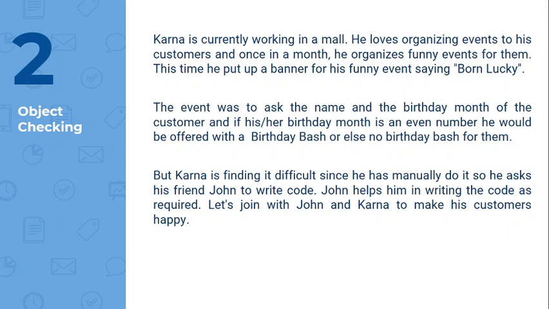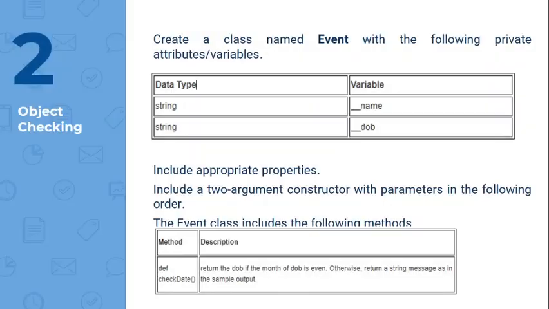So basically what you have to do in this question is read the customer name and the date of birth from the user, and if the month in the date of birth is an even number, then you should print yes, otherwise you have to print no. And you have to create a class called event with 2 members.